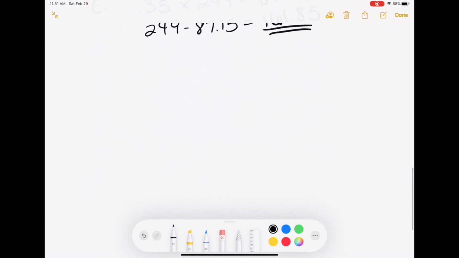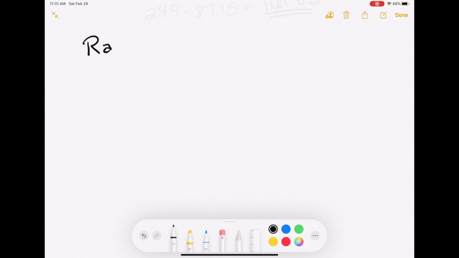Okay. All right, the last part is the rate of discount. So if you're not given the rate, but you're given the amount, you can still calculate what the rate of discount would be.